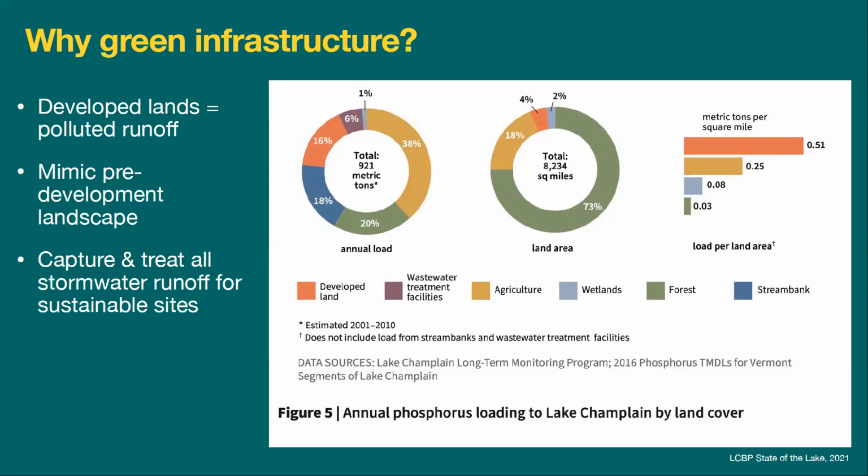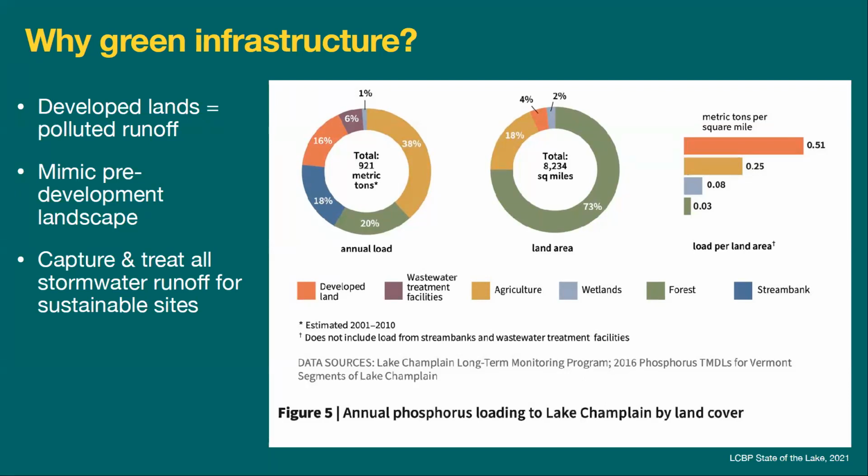And so you can see the metric tons of phosphorus per square mile, and developed lands has much more highly concentrated phosphorus runoff than even our agricultural lands, almost exactly double that. So they're small areas, but they have a lot of impact.